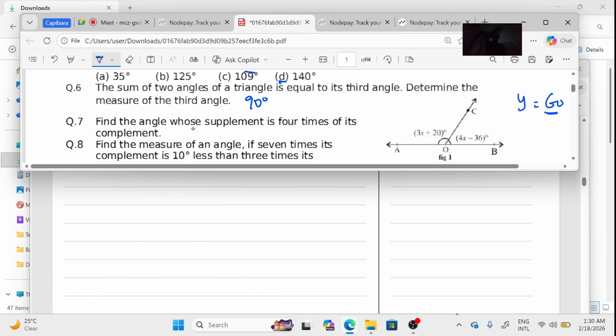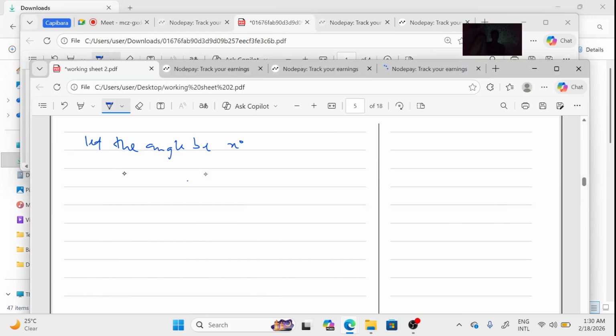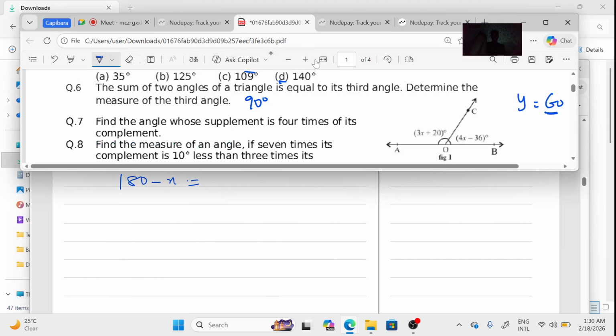It is 180 minus x. Do you agree? Yes. The supplement of x is 180 minus x.